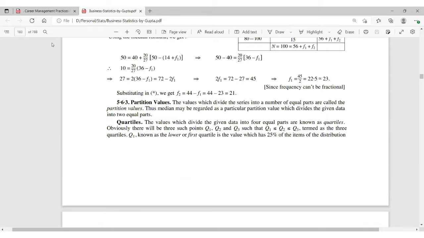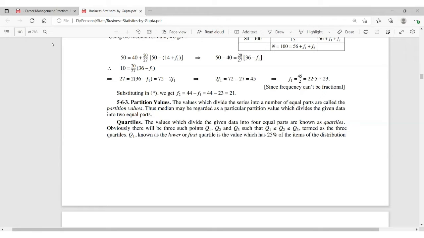Other partition values. See, I have already told you that the median is centrally located, right? The value lies in the center of the data. Similarly, quartiles, deciles and percentiles are the other partition values. We further divide the data into more parts.